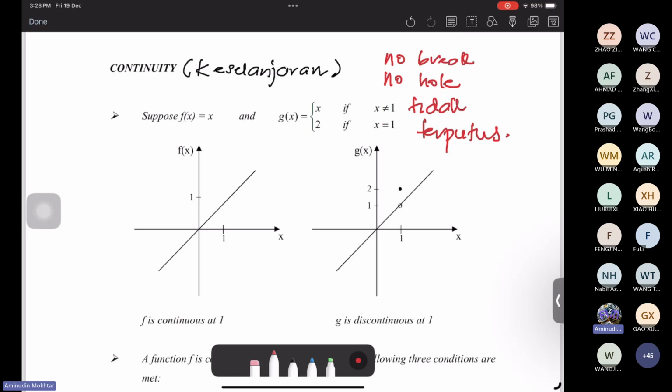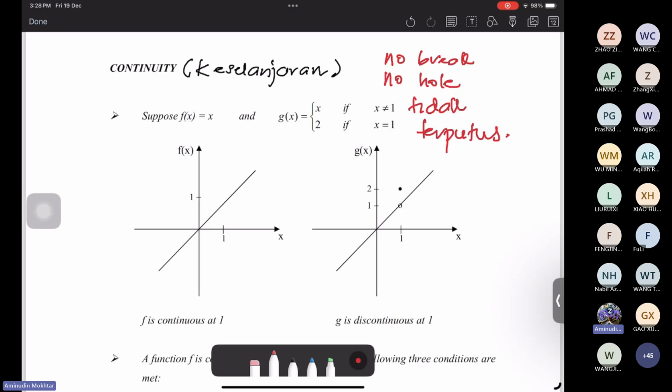By definition, if you refer to the textbook, continuity in mathematics means that the function behaves smoothly, without any break, jump, or hole in its graph. There is no break, no hole, no jump in the graph.